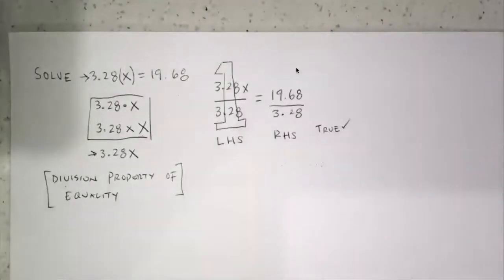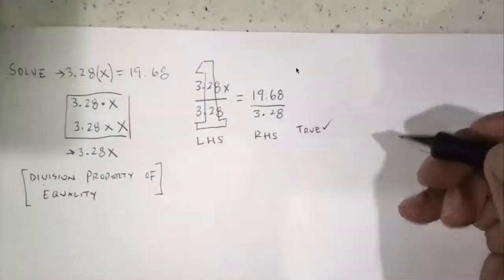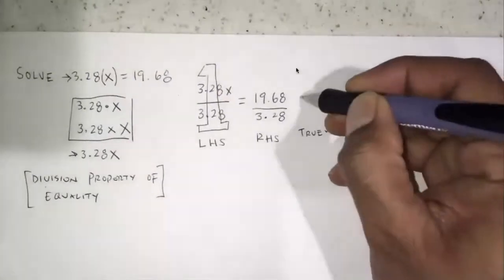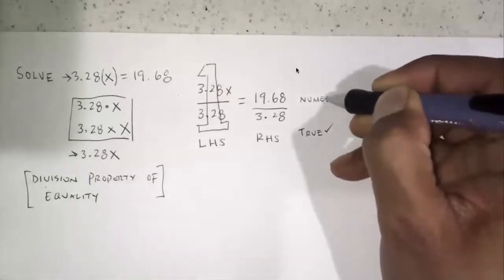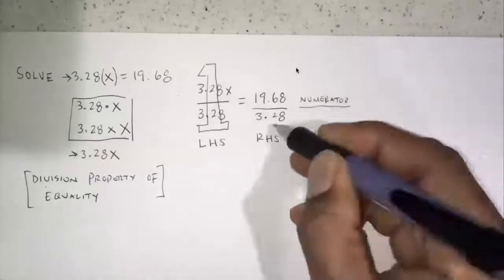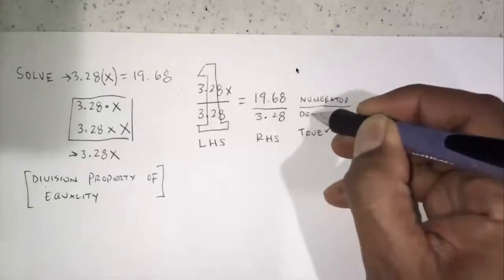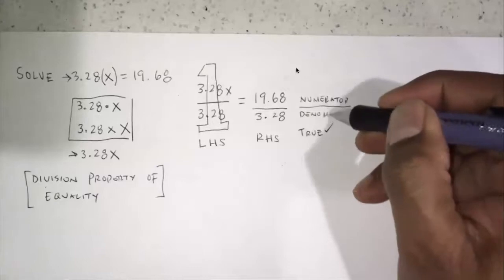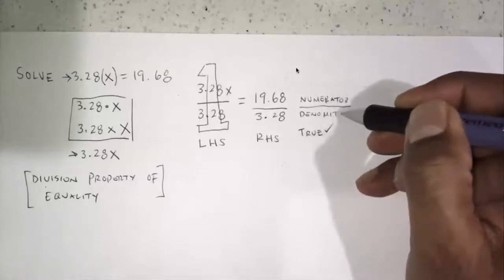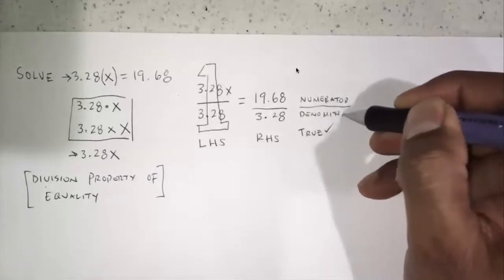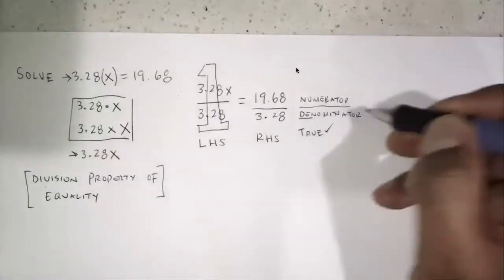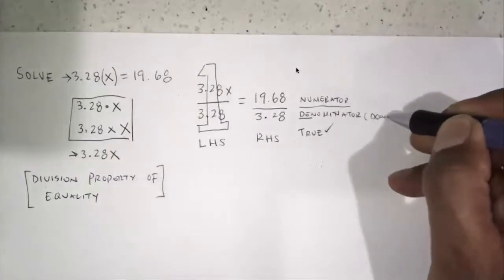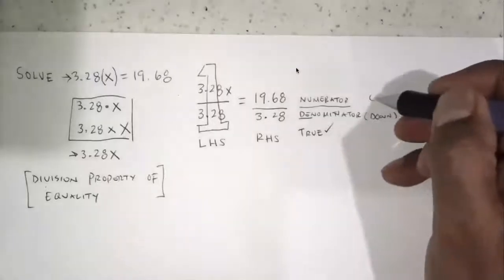So now just a couple of side notes to identify a couple of vocabulary words. This is your numerator. We talked about it last time. The bottom one is your denominator. I just remember D for down, and now the opposite is up.